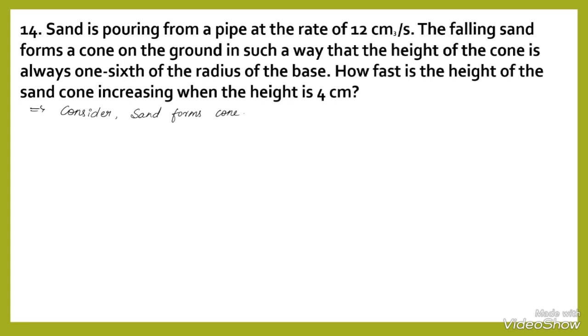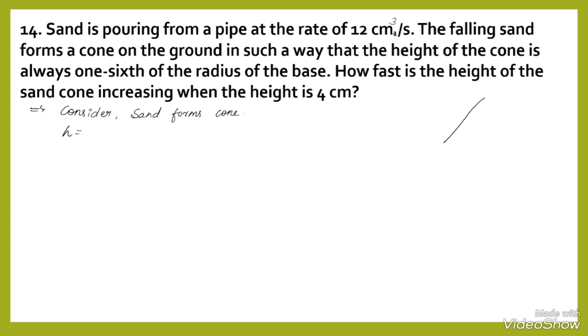Here the sand is pouring from a pipe at the rate of change of 12 centimeter cube per second. The falling sand forms a cone on the ground in such a way that the height of the cone is always, here they have given, height h is equal to one-sixth of its radius of base.